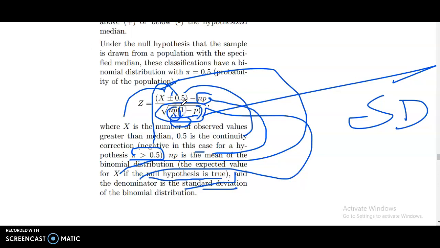After multiplying, we take the square root, not the square. Then we divide the numerator, the observed value plus or minus 0.5 minus np, by this value, and we get the result.